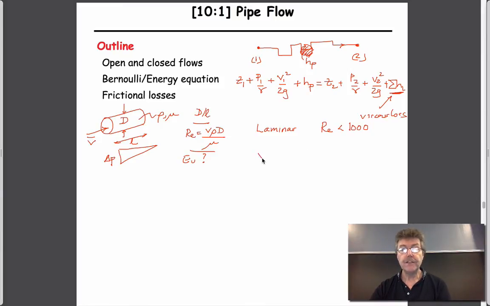We can write a relationship that says the average velocity is equal to a diameter squared over 32 times the viscosity times the pressure drop divided by the length. And so if we know the pressure drop, the length of the pipe, the diameter of the pipe, and the viscosity, we can calculate what the average velocity is.